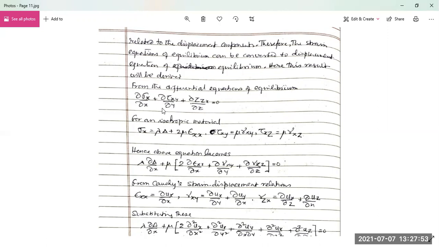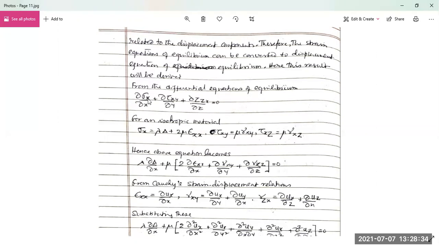Which means we have the stress along the x direction in terms of x, the shear stress in the xy plane in terms of y, because the shear stress in the xy plane is directed towards the y axis. So we have derived d tau xy by dy, and d sigma x by dx, and d tau zx by dz. Here we are assuming that this shear stress zx is pointing towards the z direction itself.